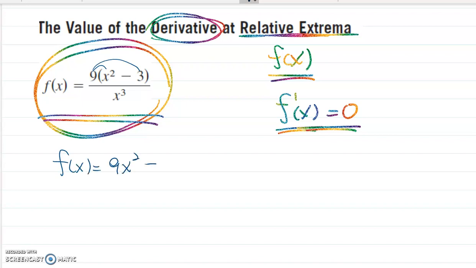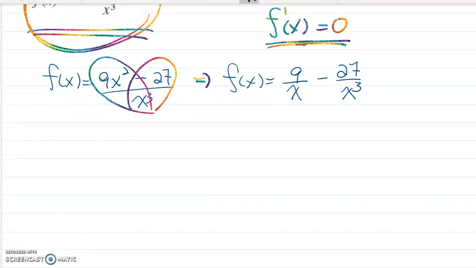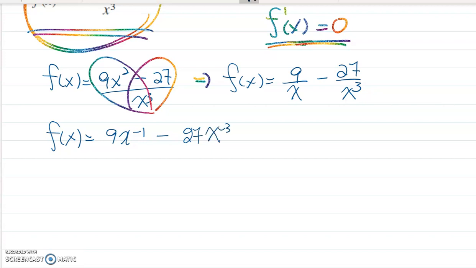Then f(x) equals 9x squared minus 27 over x cubed, and dividing them, I can use the simple derivative rule instead. So f(x) becomes 9 over x minus 27 over x cubed, which means I can rewrite f(x) equals 9x^-1 minus 27x^-3.